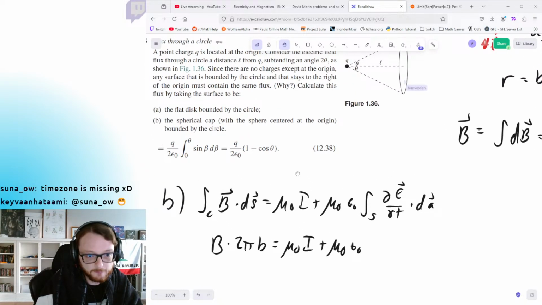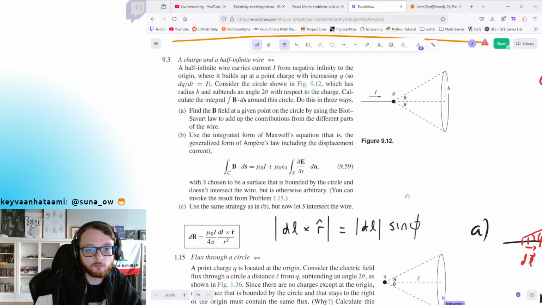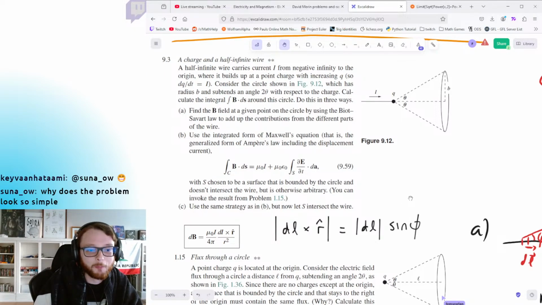Okay. Why does the problem look so simple? They always look simple until you try to solve them.